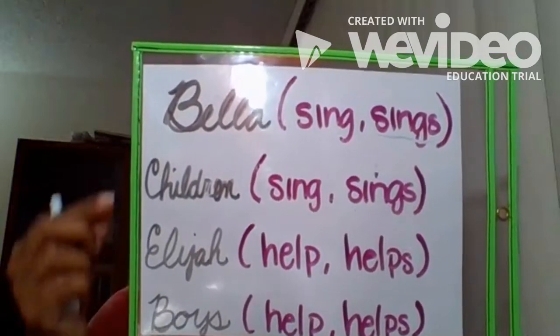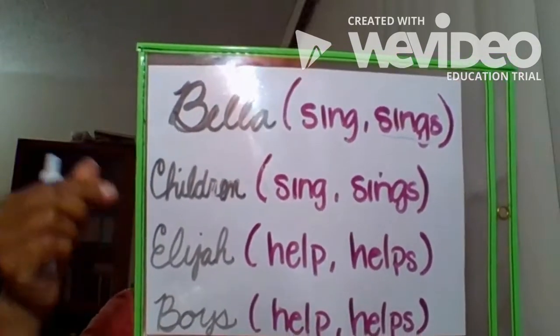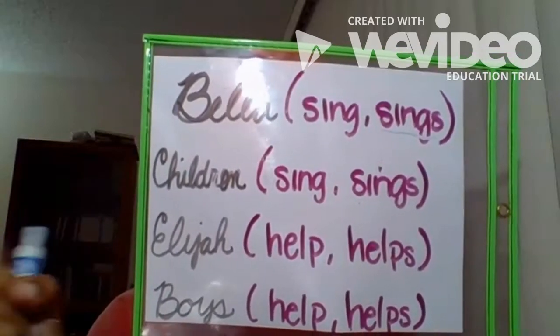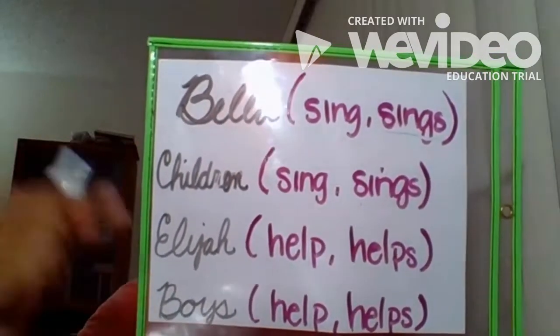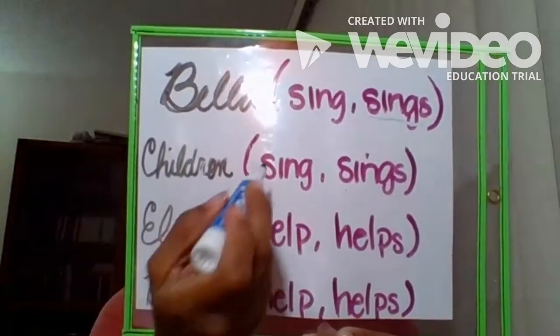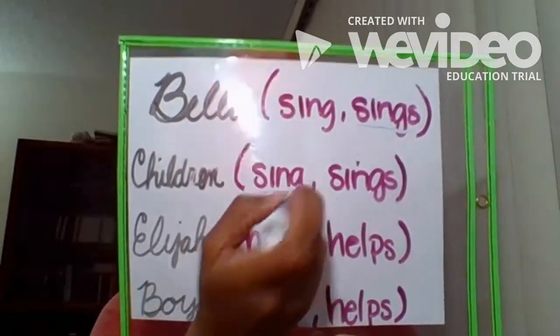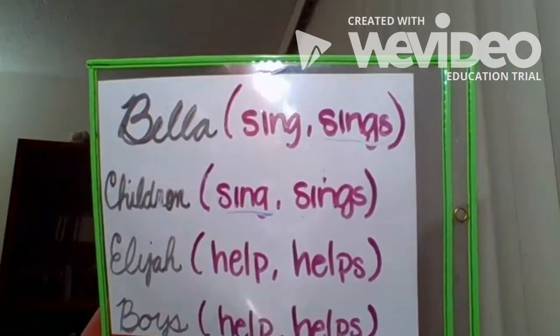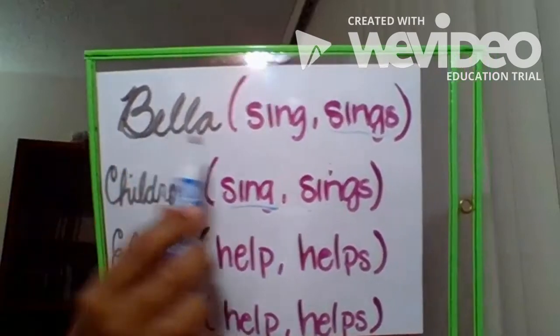We've just learned that when the subject is plural or more than one, we do not add the S or ES to the end of the present tense verb. So we would say, children sing. We would not say, children sings. Just like we wouldn't say, Bella sing.